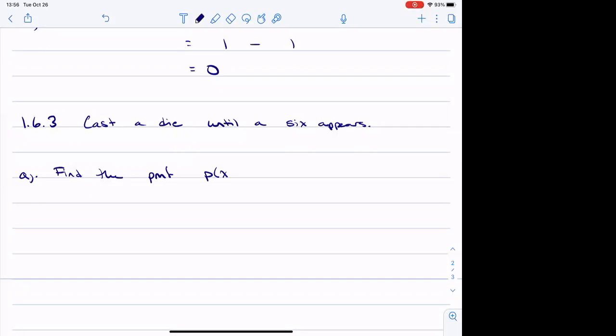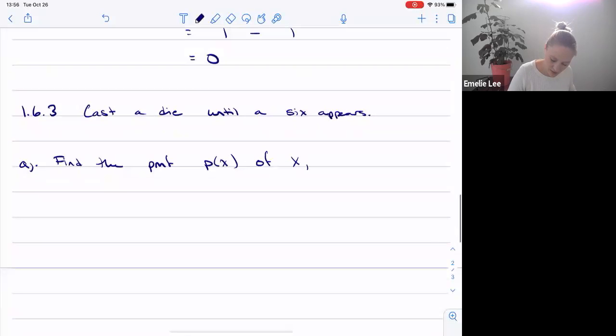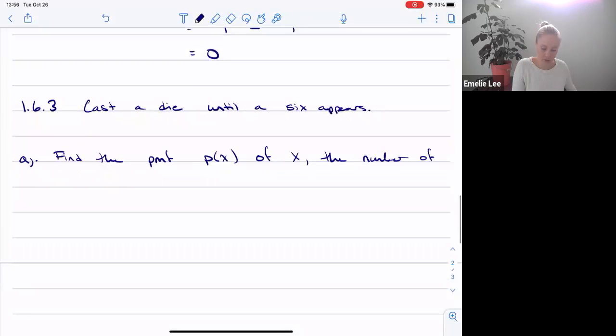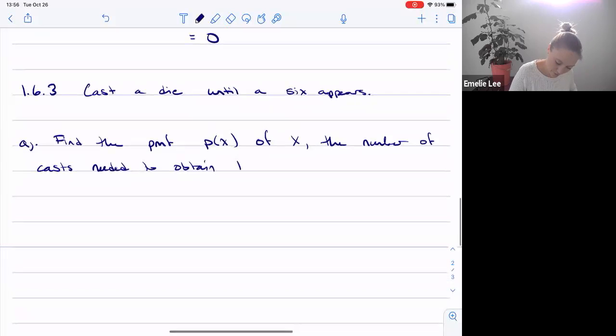No? Okay. P of X of x, where X is the number of casts, or throws, needed to obtain the first 6.